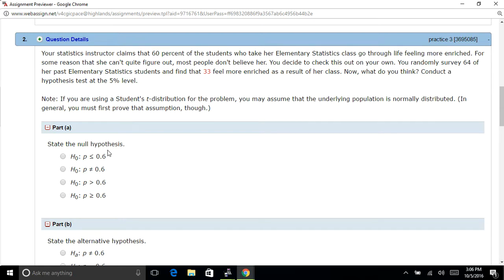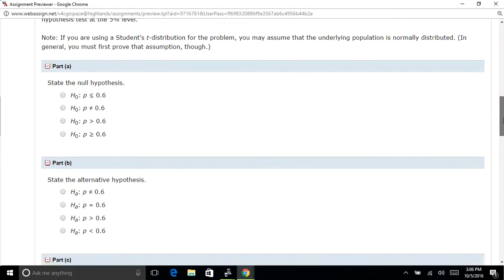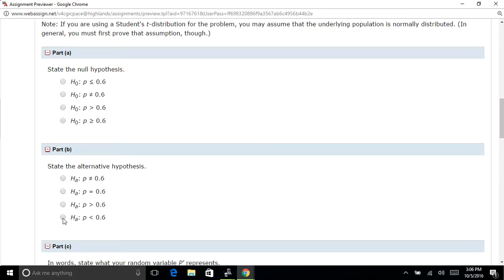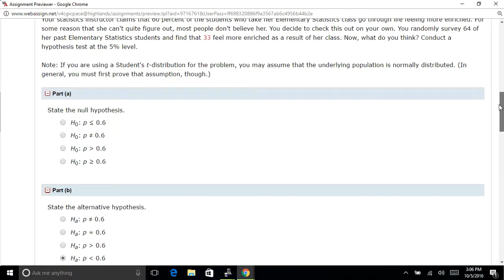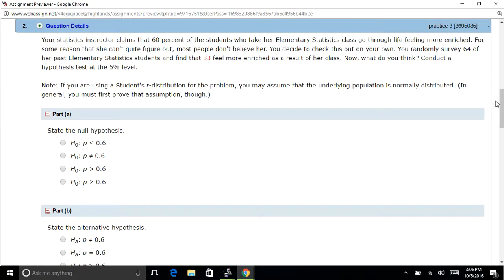One way to do it is to think about what we're going to test. It's finding out that it's lower. So I would start down here and do this as a less than problem, because it's showing that it's less than that.